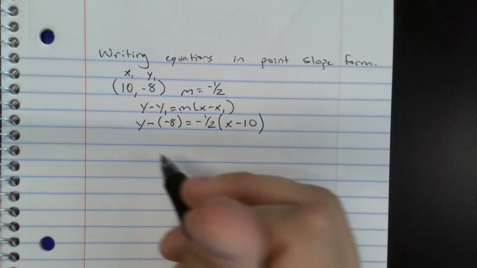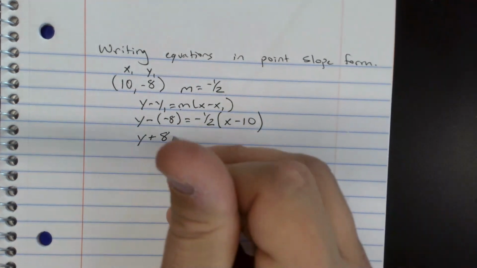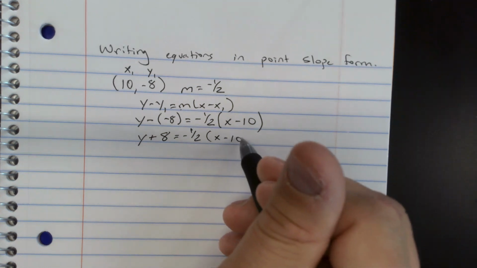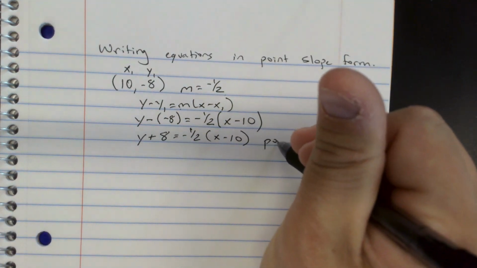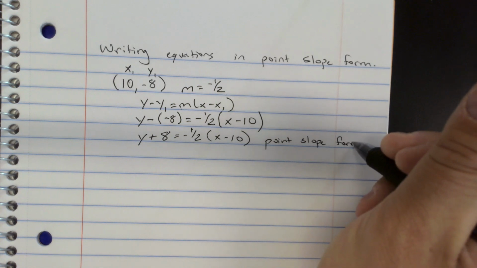Now, to finish writing this, we combine the two negatives to make y plus 8 equals negative 1/2 times x minus 10. And that's point slope form. Right there is our answer.